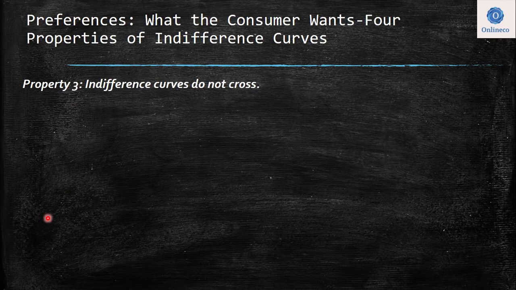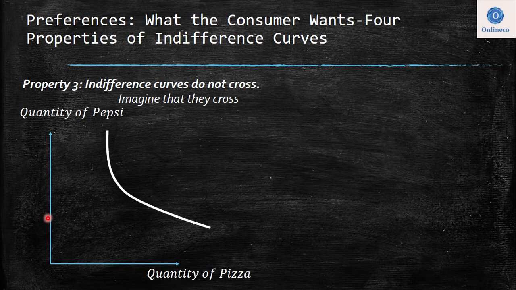Third property, indifference curves do not cross. Here we start with the assumption that they cross. So here we have the 2 indifference curves. They violate property 3, but we're going to use that as a premise because this is incorrect.